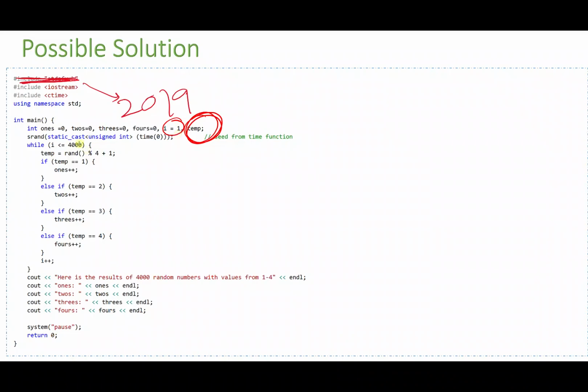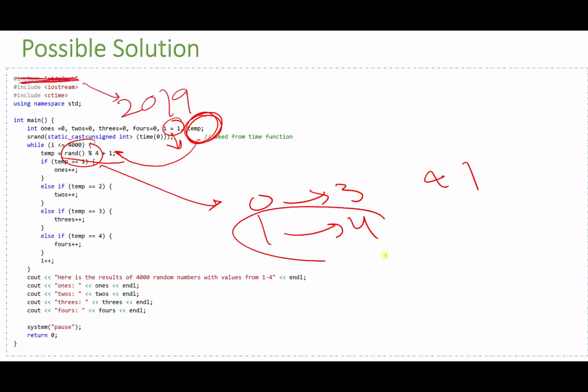So I need i to be less than or equal to 4,000 if I'm starting from 1, or starting from 0, then less than 4,000 to give you exactly 4,000 numbers generated. Temp, I'm going to say temp equals rand mod 4 plus 1. Rand mod 4 gives you 0, 1, 2, 3, plus 1 gives you 1, 2, 3, 4. And this is the range we want.